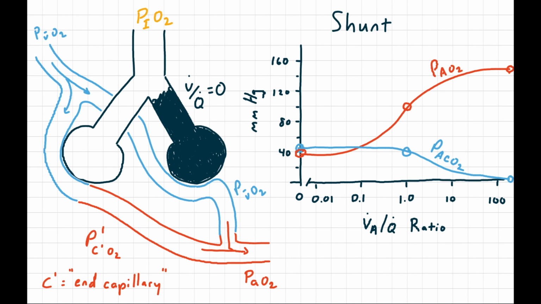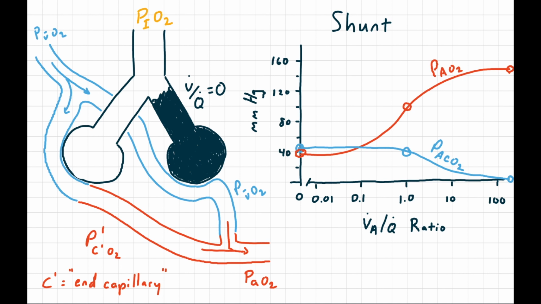Your standard example of shunt is an alveolus completely full of fluid, like in bronchial pneumonia or ARDS. You could also have no ventilation because of a bronchial tree obstruction, like a foreign body or a tumor, or you could have mixed venous blood bypassing the capillary circulation entirely due to an arteriovenous malformation or a congenital heart defect with Eisenmenger physiology.